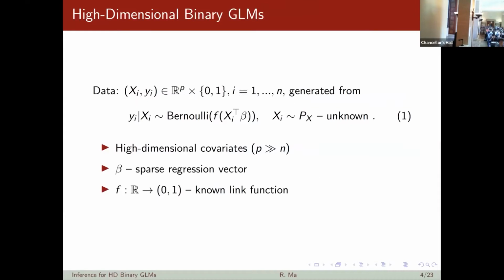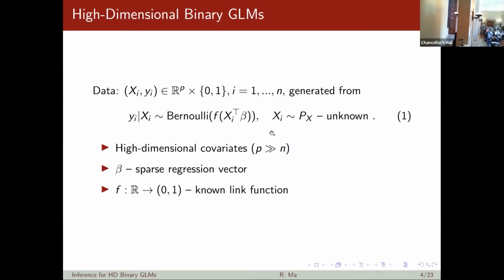As a general formulation of the problem, we have a data set consisting of n samples independently drawn from the following generative model. For the outcome, we have a binary outcome yi, which takes values in 0 and 1, and its conditional distribution given a high-dimensional random vector xi, which plays the role of the covariate in this regression model, is a Bernoulli distribution whose expected mean is a function of the linear form, and here beta is a regression coefficient.